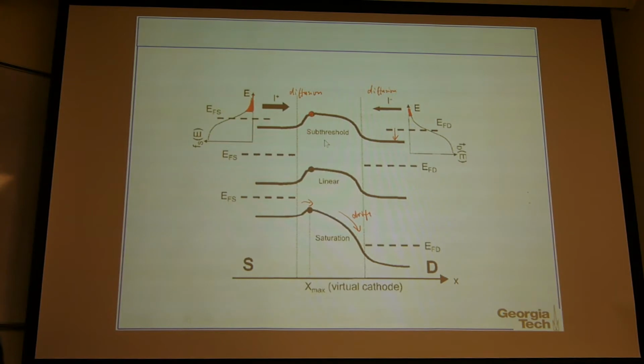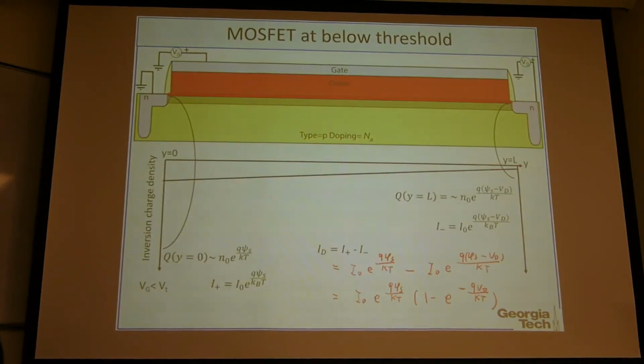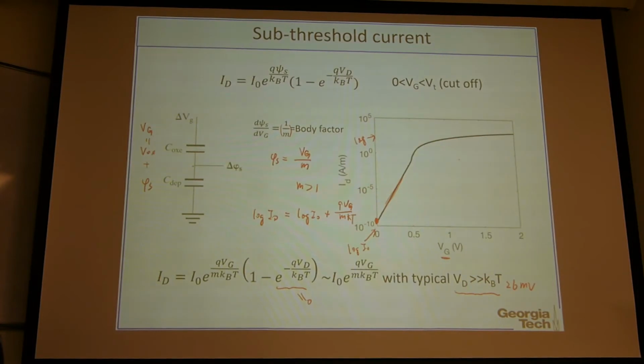So we would say the subthreshold current is dominated by the diffusion current, while the on-state current, for example when you have the saturation region, is dominated by the drift current, because once the electron moves over this barrier, it will fall down. So this is the drift. And if we do the derivation, then eventually we can get this equation for the drain current below the threshold voltage as a function of the gate voltage.